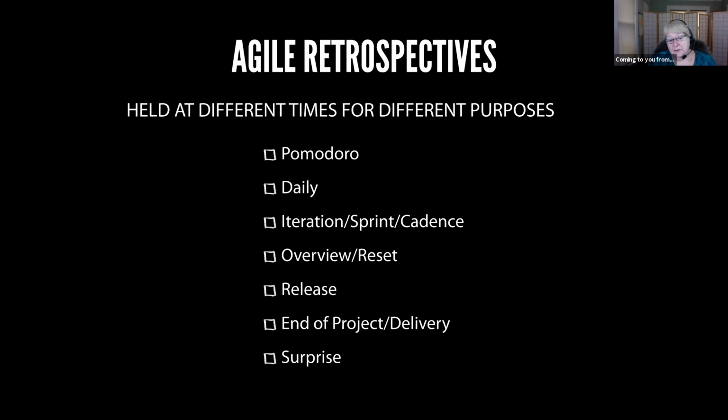And then there are release retrospectives, end of project or end of delivery retrospectives, and of course, surprise retrospectives that happen when something in the environment changes that none of us expected, and we need to get our grounding reestablished. That's a great time to do a retrospective, in a team or organization-wide.